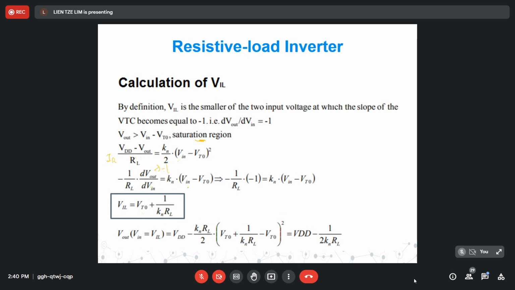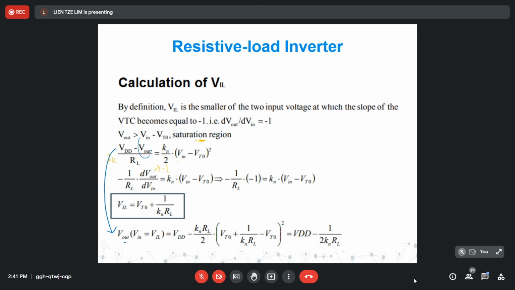Another formula is Vout. This Vout is obtained based on the formula here. The Vout formula is actually based on this formula.